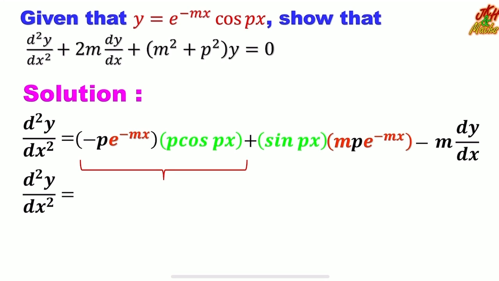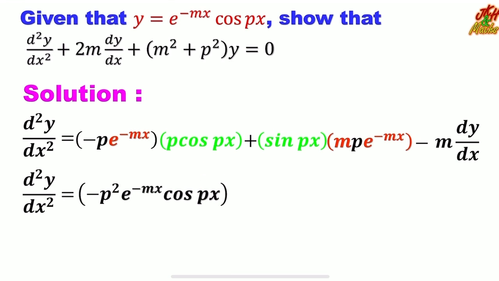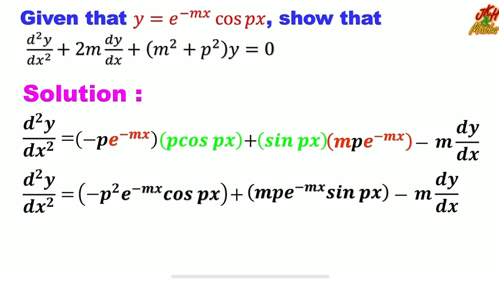By simplifying these two terms, the product is equal to negative p square e raised to the power of negative mx cosine px, plus, then we simplify the second term, we put the constant in front of the variable, giving us mp multiplied with e raised to the power of negative mx multiplied with sine px, and we take away m dy/dx.